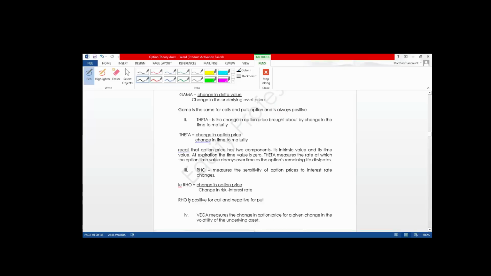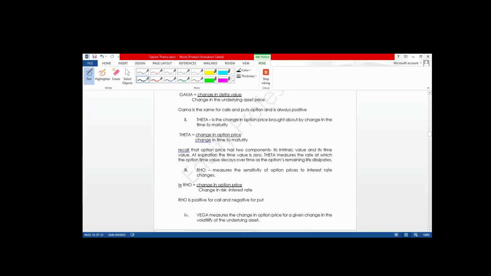What the examiner is testing here is rho. We say rho is positive for call and negative for put. In that question B, the examiner is testing the Greeks. Rho is positive for call option and negative for put option.